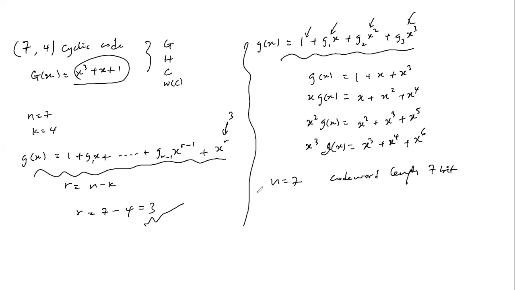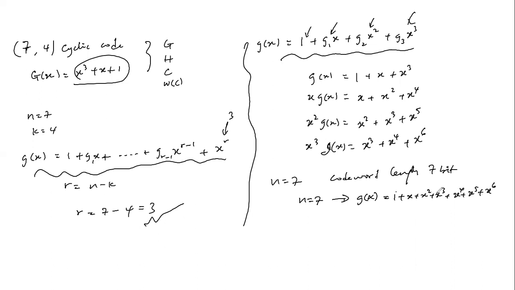Okay, so that n equal to 7 will correspond to g of x equal to 1 plus x squared plus x cubed plus x to the power 4 plus x to the power 5 plus x to the power 6.